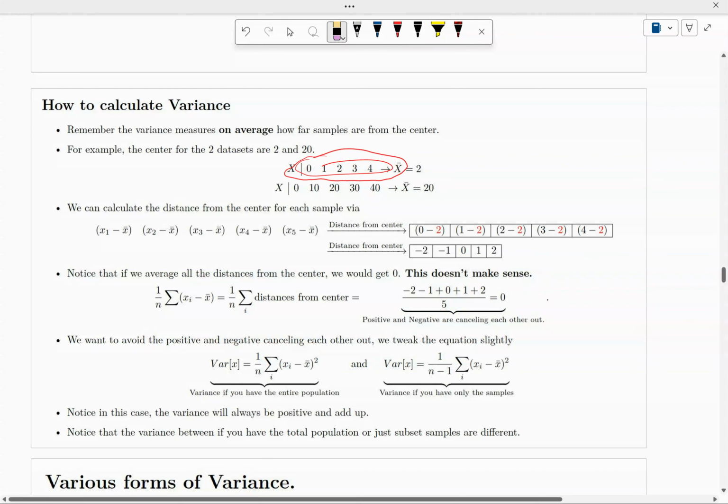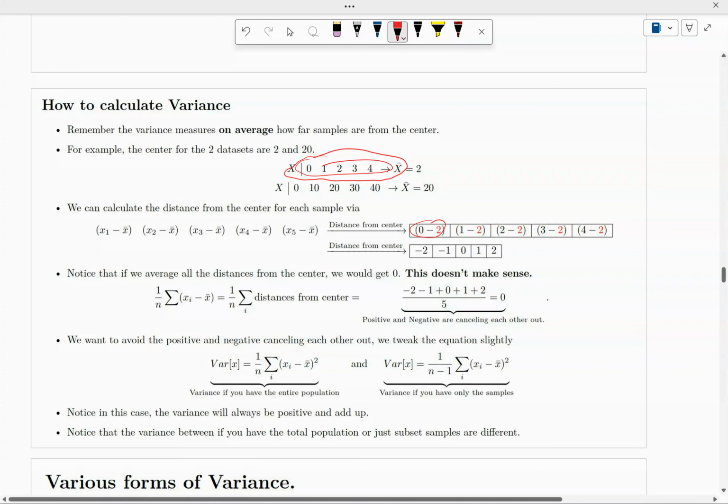The reason for that is because when you just take the difference directly, sometimes you can have negative and sometimes you can have positive, and they cancel each other out. And when they do cancel each other out, it doesn't really make sense. So what you want to do is always make sure the distance concept is a positive value.